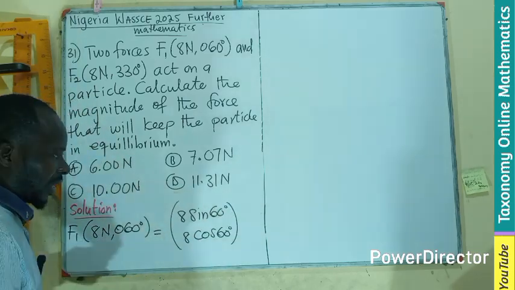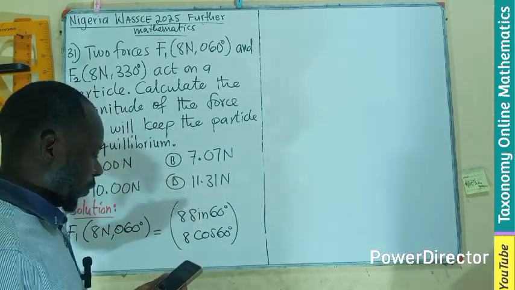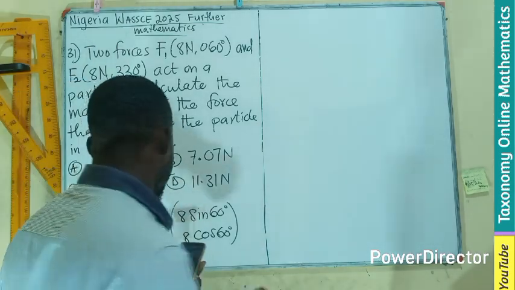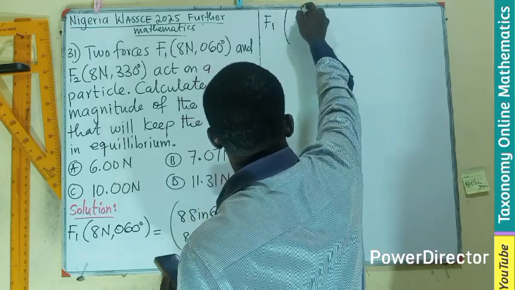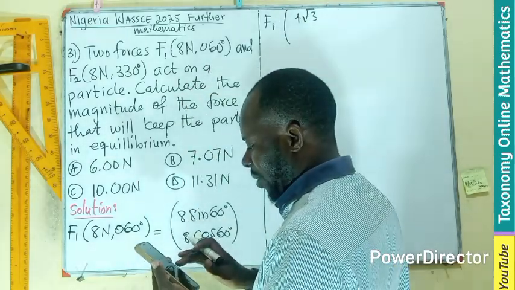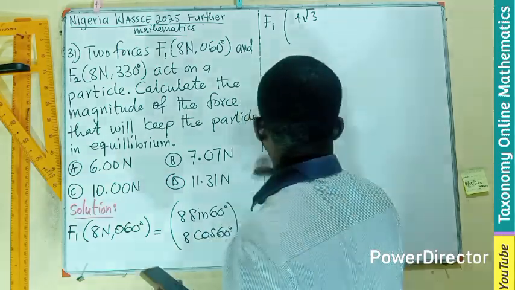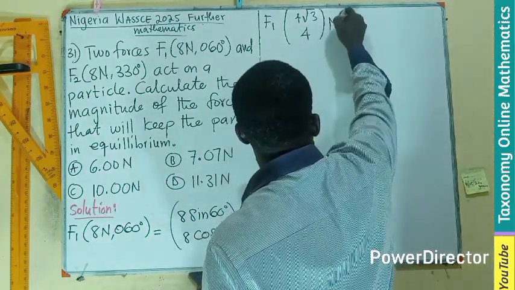So let's put that in our calculator and see that. So 8 sine 60 for force 1 is going to be 4 root 3. We can do that in decimal, but let's keep that in.